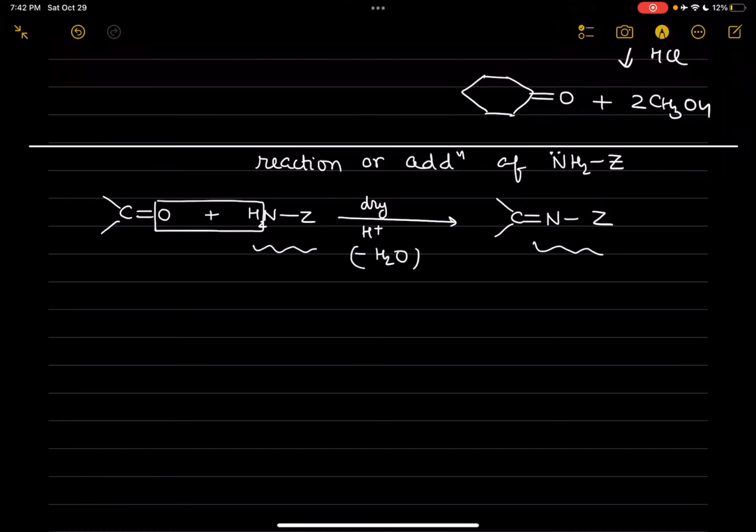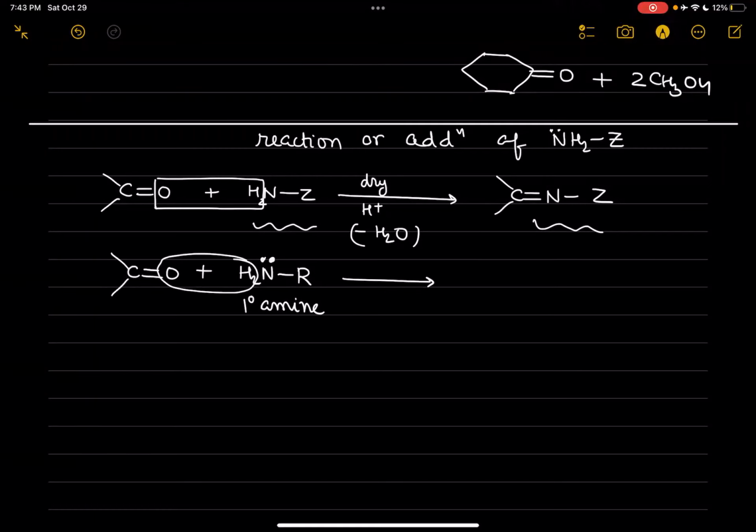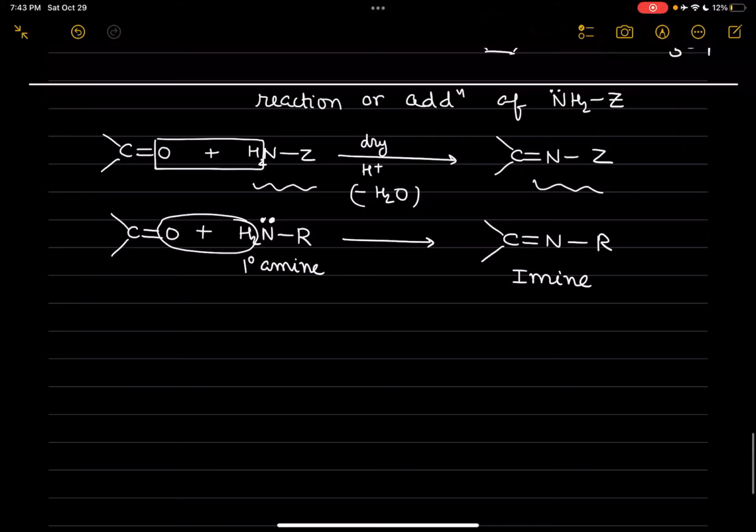Suppose this Z is an alkyl group. So this is a primary amine, and the product is known as an imine.